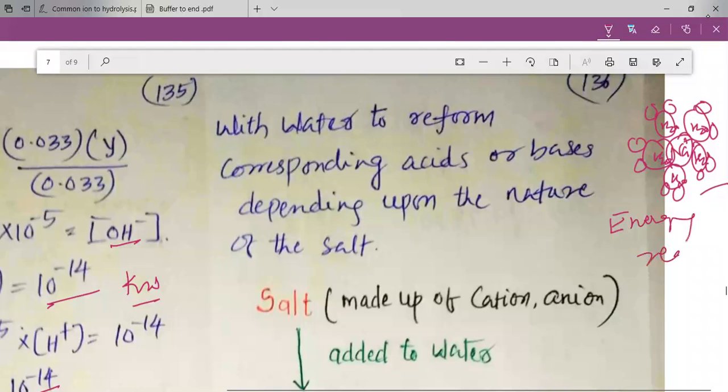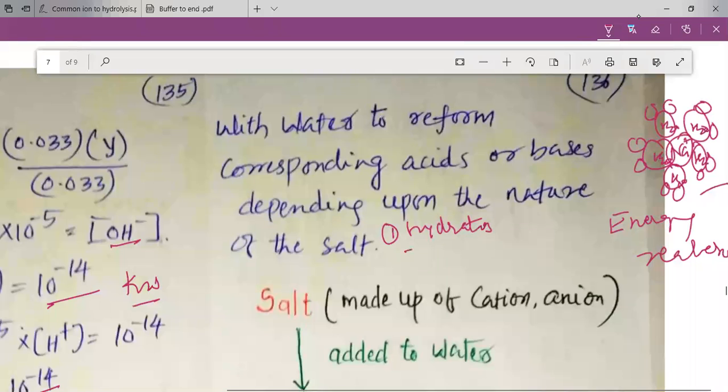Energy is released. So these ions which are formed, whether they are positive ion or negative ion, undergo two different processes. One process is known as hydration.